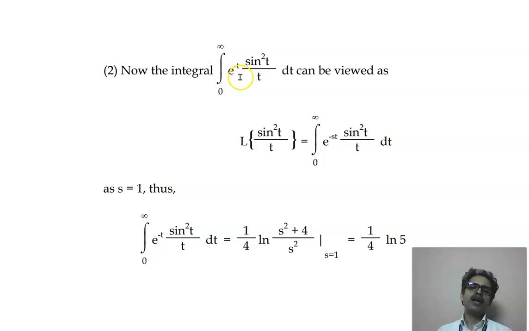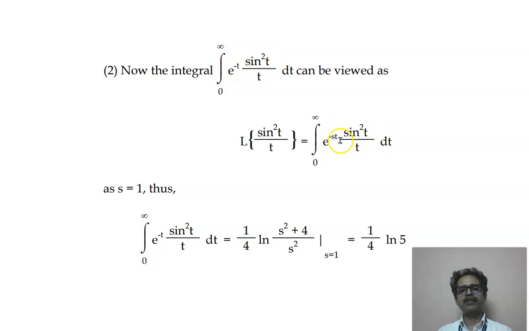So I mean to say that here is e raised to minus t, I will treat this as e raised to minus st. Because we want to introduce s here, so that I can use the definition of Laplace transform. So this can be treated like this.